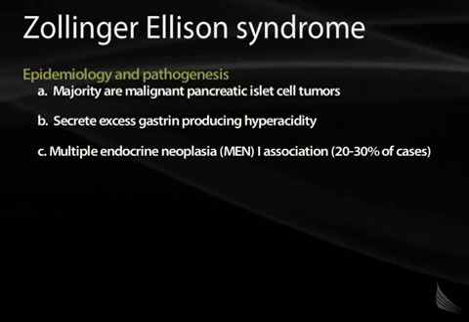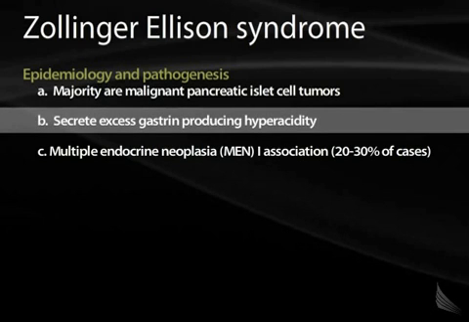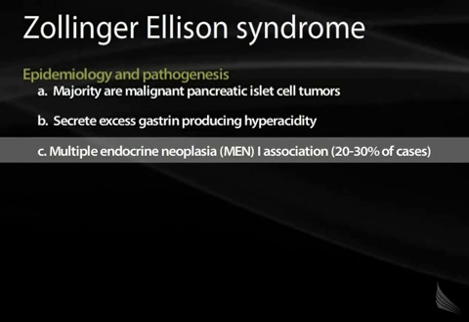Zollinger-Ellison syndrome, as we mentioned previously, is usually malignant pancreatic islet cell tumors, where there's excess secretion of gastric acid, resulting in hyperacidity and mucosal hypertrophy. These are associated with multiple endocrine neoplasia, or MEN type 1, in 20 to 30% of cases, where there may be pituitary and parathyroid tumors present as well.